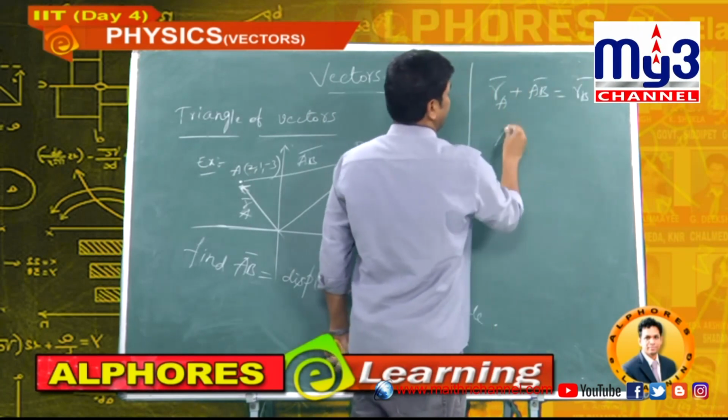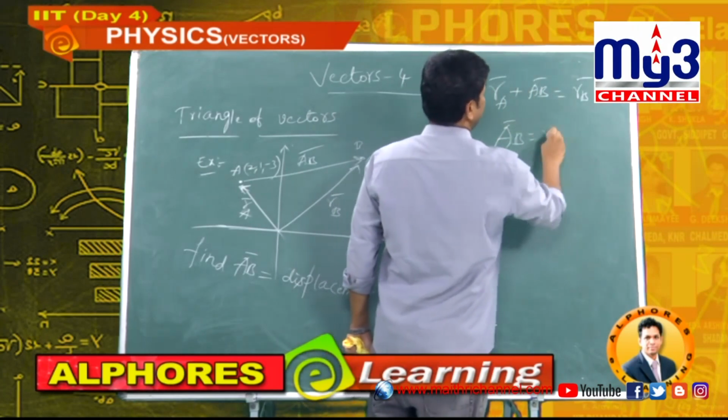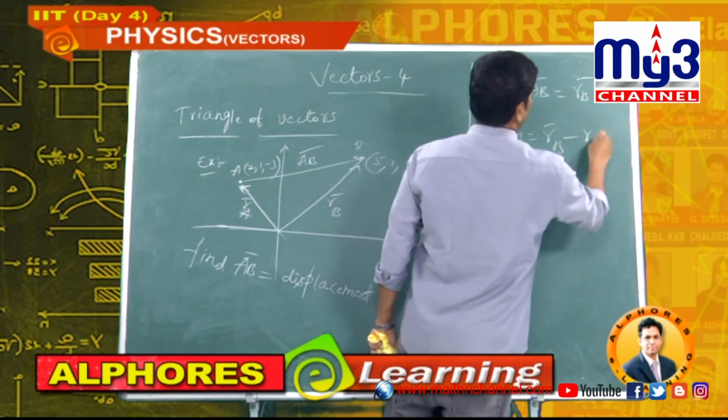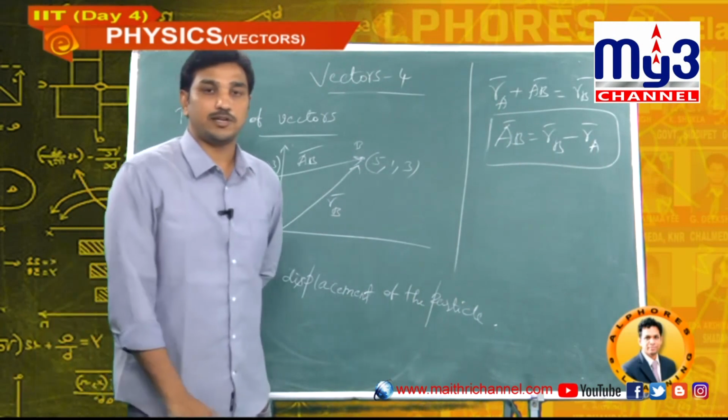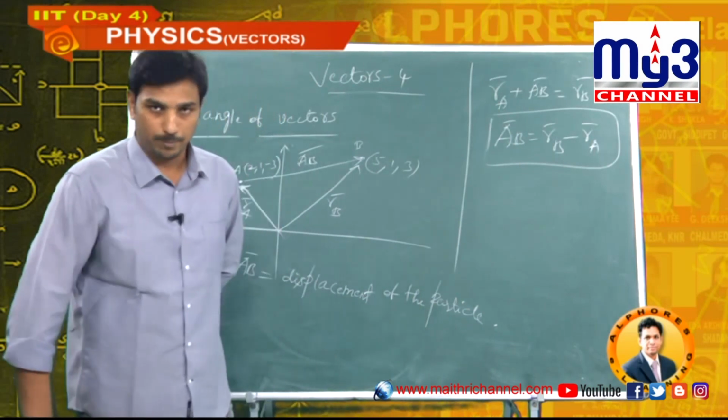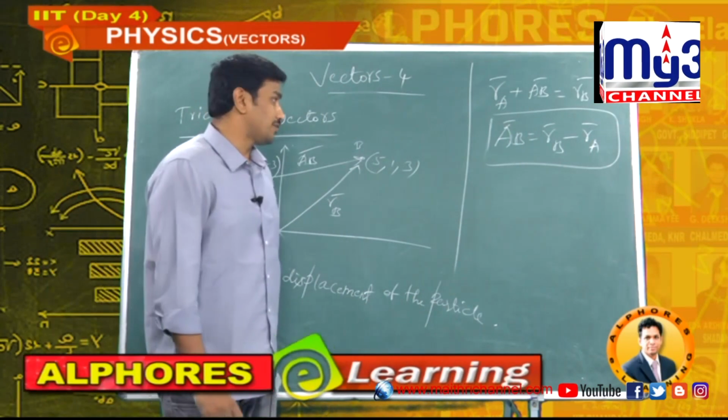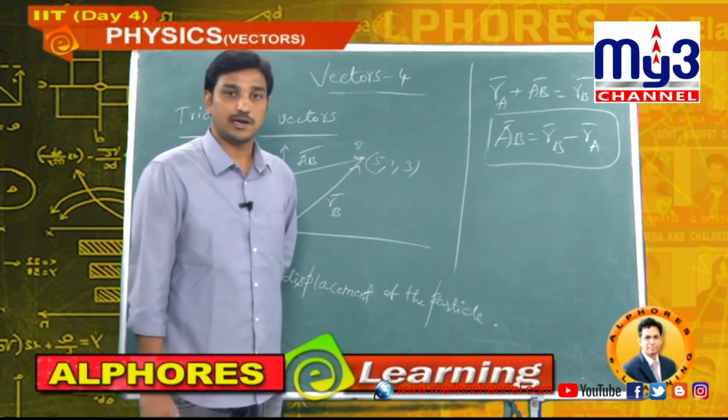Now we should calculate AB bar. What is AB bar? RB bar minus RA bar. To calculate the displacement of the particle from point A to point B, that is AB bar, what is the final result? RB bar minus RA bar.